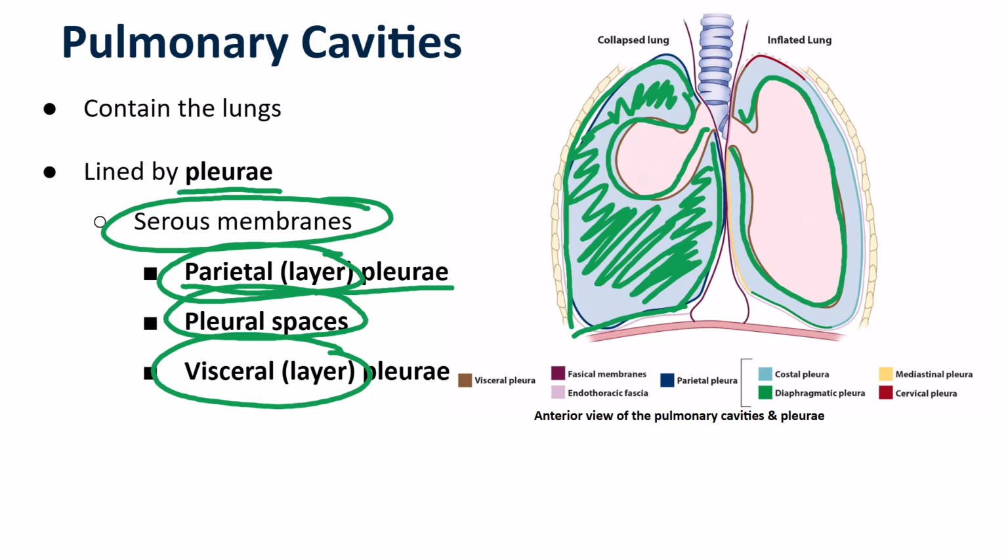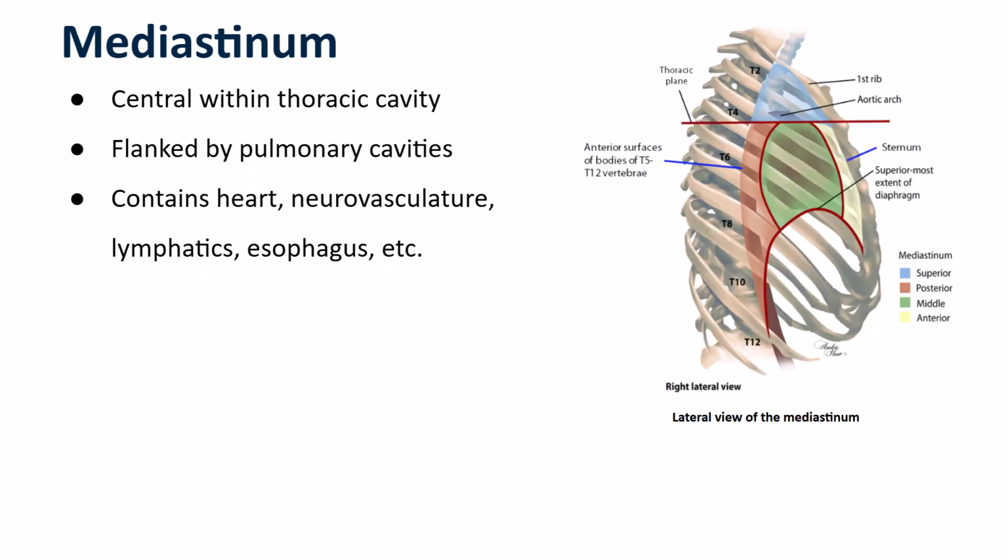As this serous membrane is in the pulmonary cavity, we call it the parietal pleura, the pleural space, and the visceral pleura. But in the pericardium, there's the parietal pericardium, visceral pericardium, and pericardial space. But we'll get to that. It's just a very high return on investment of your understanding to drill down on this now.